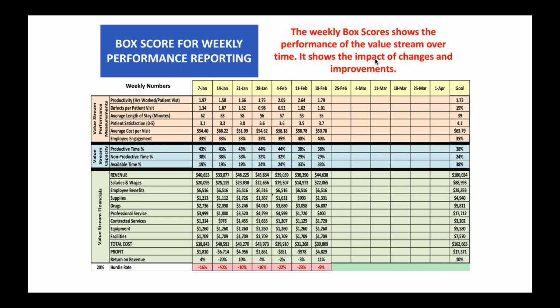From a financial standpoint, the goal, if you look on the lower right-hand portion of the box score, is a 10% return on sales. And you can see that it's fairly inconsistent at this point. They hit it a few weeks, but not consistently.